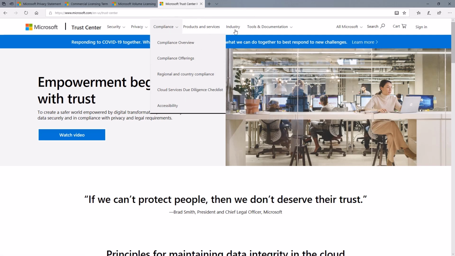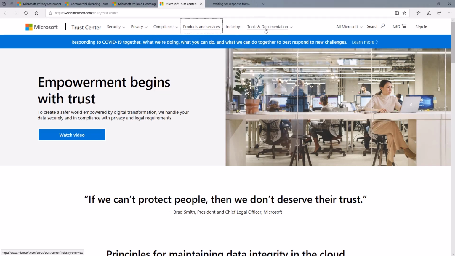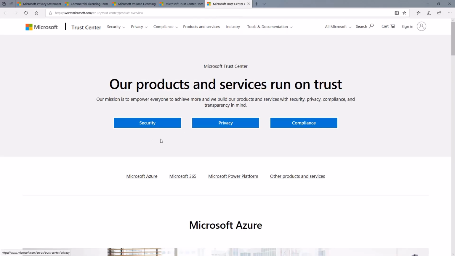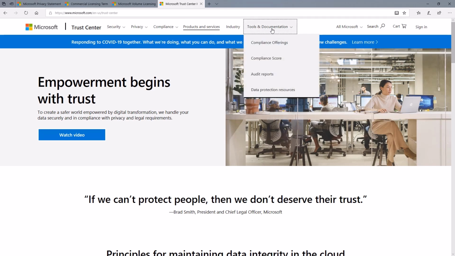We've also got two more tabs, products and services and industry. And if you click on either of those, you will get, again, going back to security, privacy, compliance, the three tenets of Microsoft. And then finally, we have various tools and documentation.